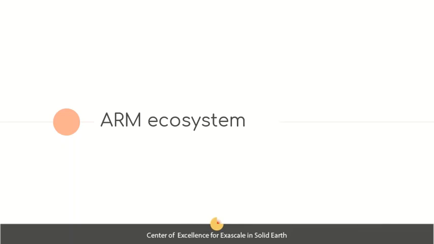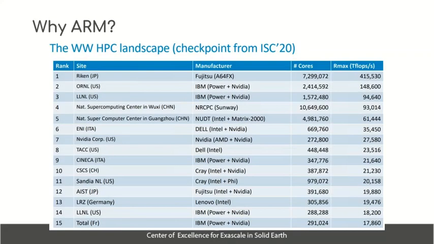Now I will talk briefly about the ARM ecosystem. So why ARM? Because it appears to be an interesting new competitor in HPC. They are currently first in the Top500 with the Fugaku supercomputer based at RIKEN in Japan.